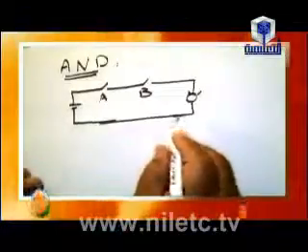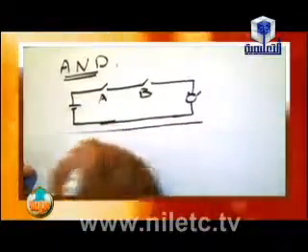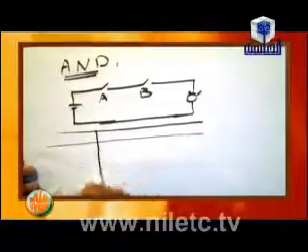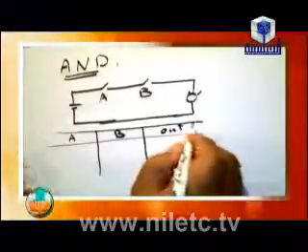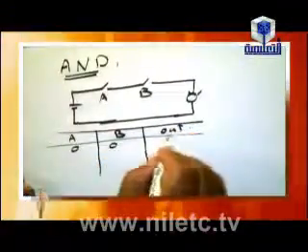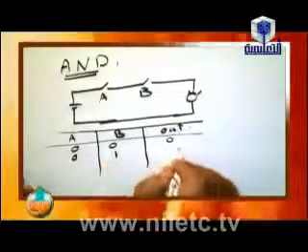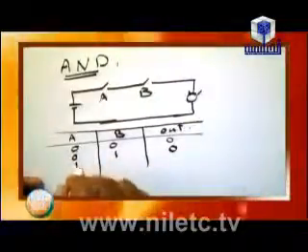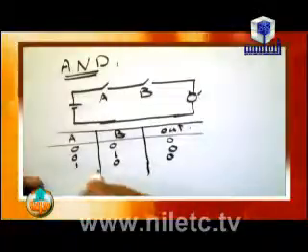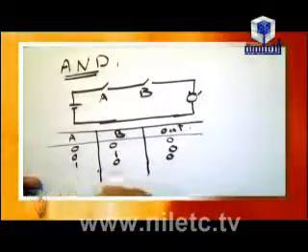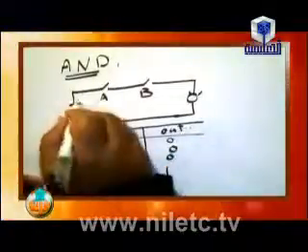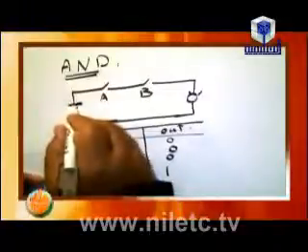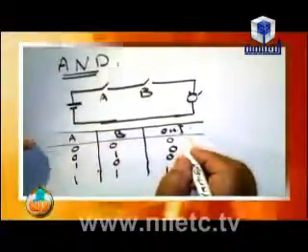We can write the truth table as shown in the figure: A, B, and output. 0, 0, 0; 0, 1, 0; 1, 0, 0; and 1, 1, 1. This is the truth table for AND. To use it as an AND gate, the transistor must have more than one emitter. In this case, it has 2 emitters only.